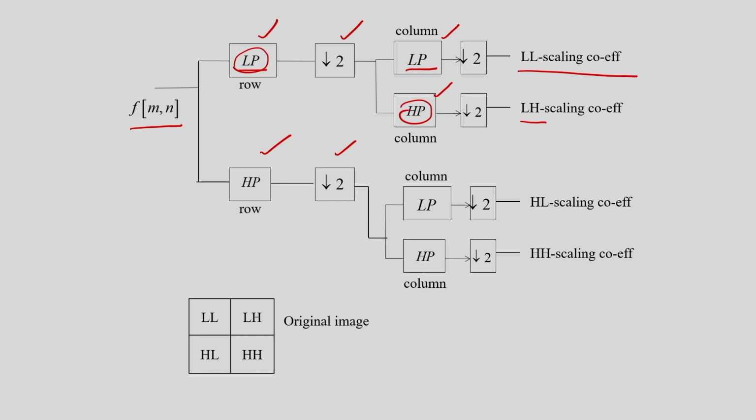Similarly, in this case I am applying the high pass filter and after this the low pass filter, that means I will be getting HL coefficients, the high frequency and the low frequency coefficients. And after this I am applying the high pass filter and the high pass filter, that means I will be getting the high frequency coefficients.